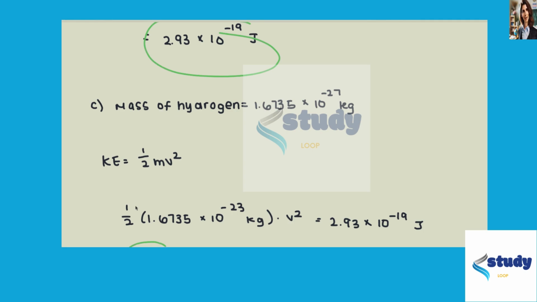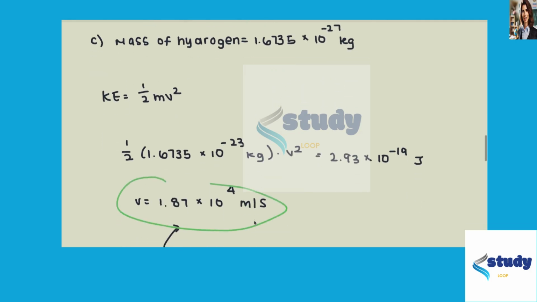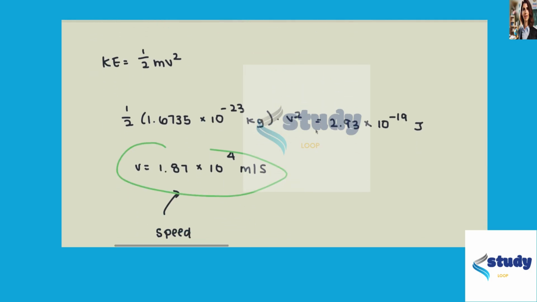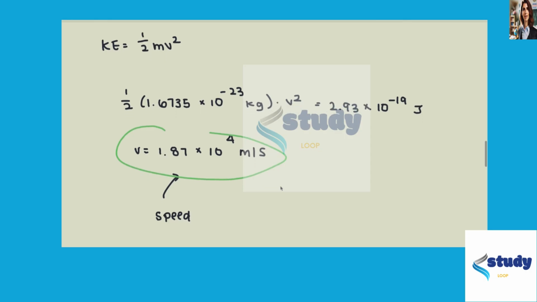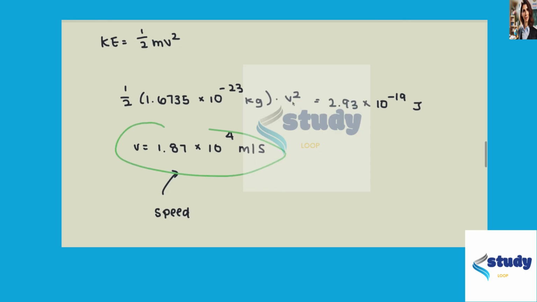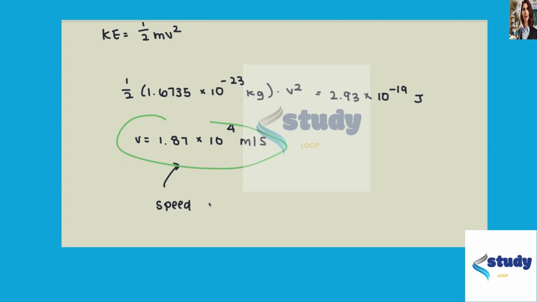So kinetic energy will be 1/2 times the mass of hydrogen, 1.6735 times 10 to the negative 23rd kilograms. We'll multiply that by v squared, which is equivalent to our energy that we just calculated, 2.93 times 10 to the negative 19th joules. Then we find v, so we would move all of this number onto our right side of the equation, take the square root, and we'll find that v is 1.87 times 10 to the 4th meters per second, and that is our speed.